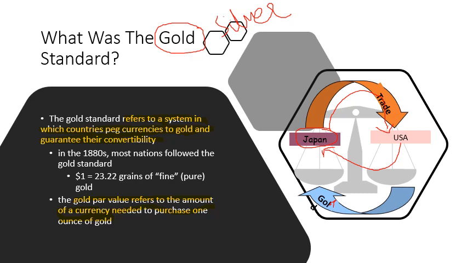As an example, 1 US dollar was fixed against 23.22 grains of pure gold.